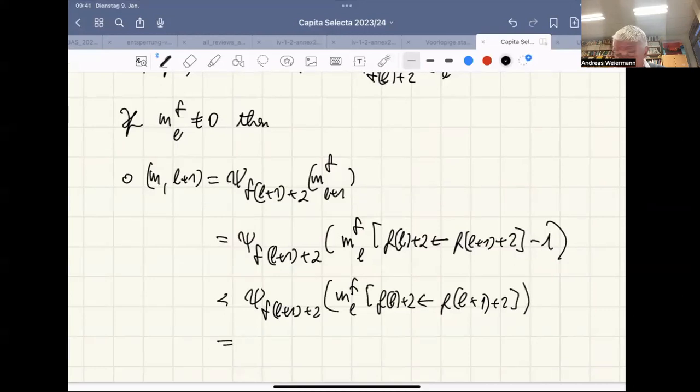This is the same as psi FL plus 2 of MFL.